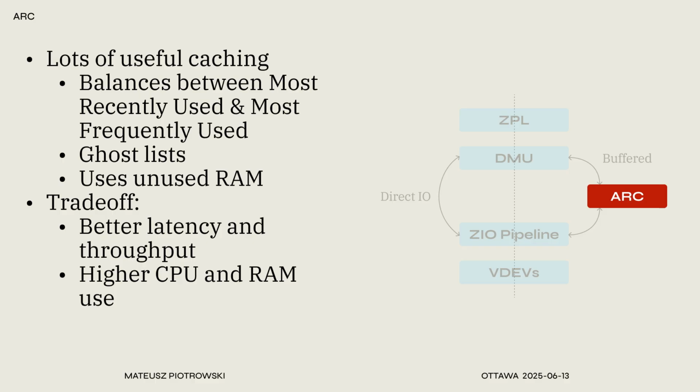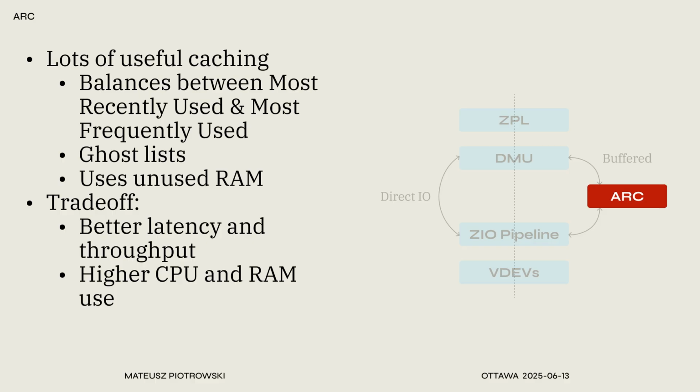It balances between most recently used and most frequently used. The nice thing about this cache is that it adapts to your workloads. So depending on how often and how you use files, it's going to adjust to that and support you in the best possible way.